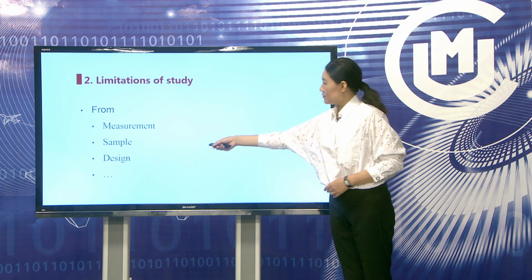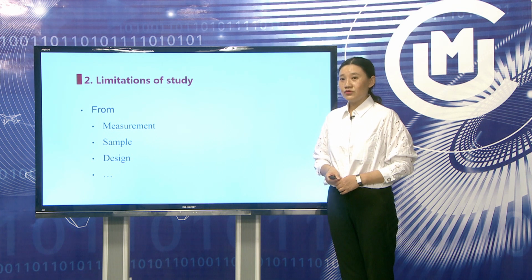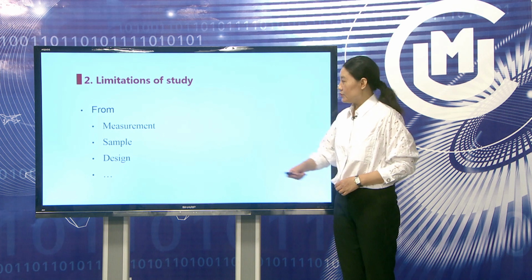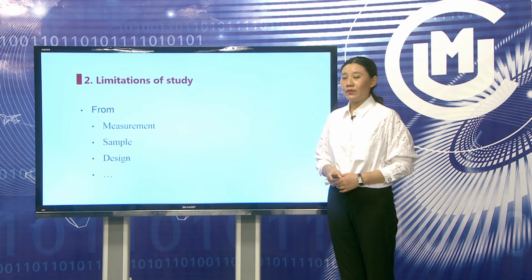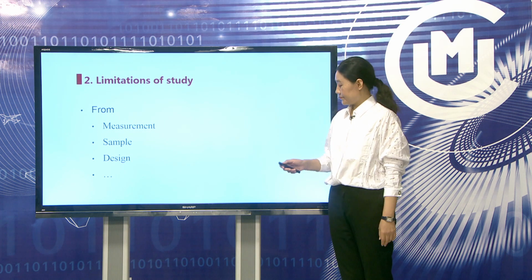Limitations related to sample, for example, sample size, response rate, threaten external validity. Or the limitation related to design, for example, convenience sampling, or lack of randomization, threaten internal validity. These limitations influence the generalizability of the findings.